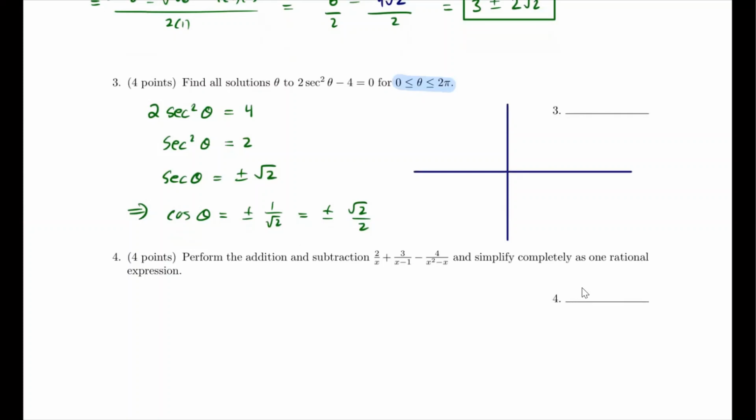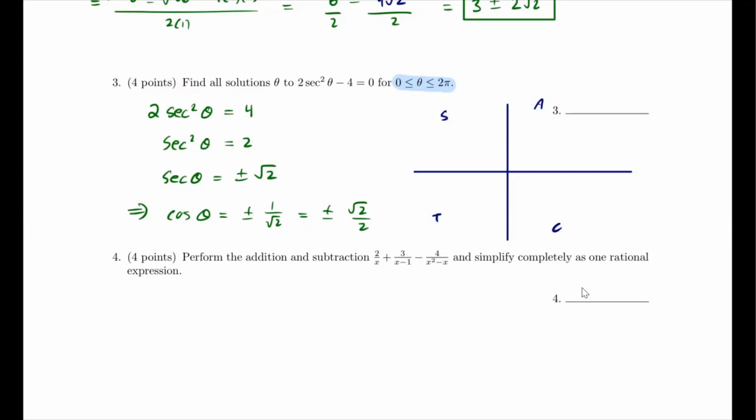Remember this acronym, ASTC. So we know that cosine is positive in this quadrant and this quadrant. So that's where we're going to get the positive square root of 2 over 2. There are 2 solutions. And then for the negative square root of 2 over 2, the angles are going to be lying on these 2 quadrants. So we're going to find a solution in every quadrant. There will be 4 solutions.